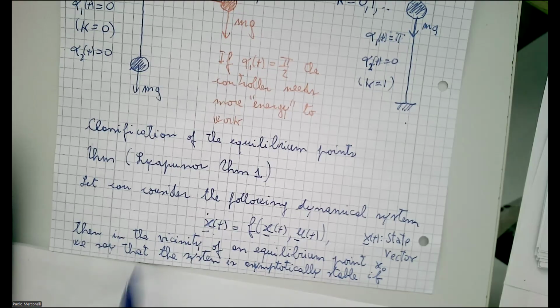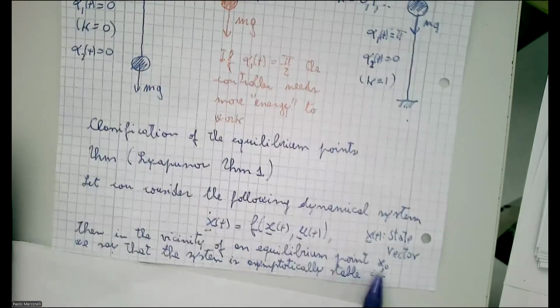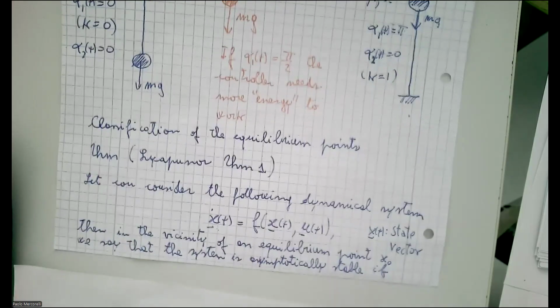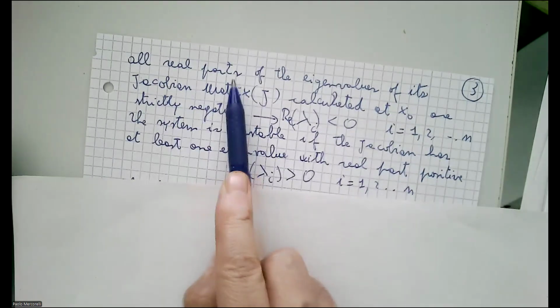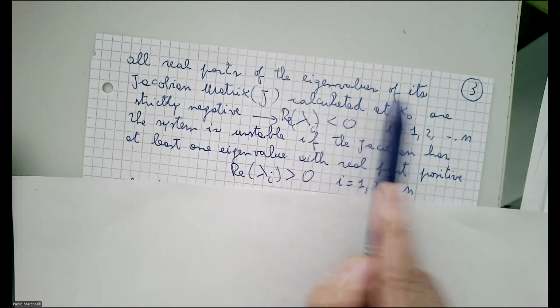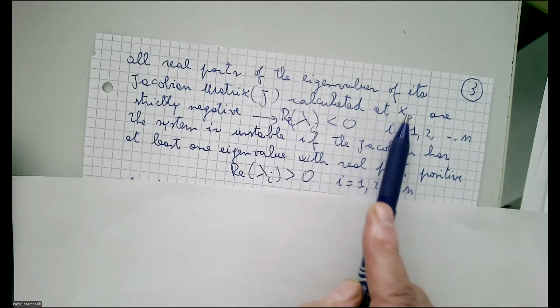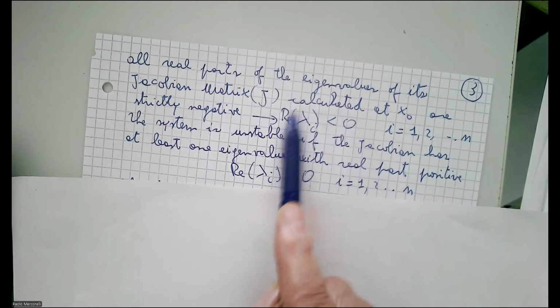Then, in the close vicinity of the equilibrium point, x0, one equilibrium point, we say that the system is asymptotically stable if all real parts of the eigenvalues of its Jacobian matrix J, calculated at x0, are strictly negative. Probably you remember this, no?